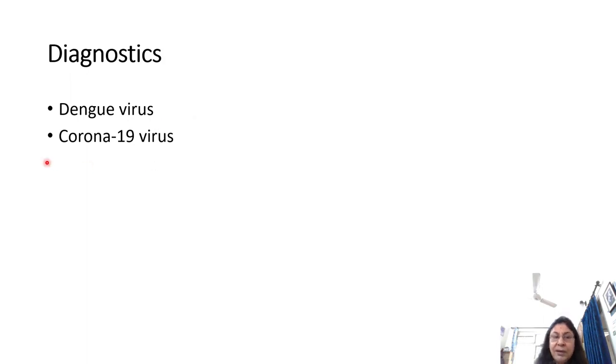Like today, when one has to go for a COVID-19 test, even if the infection is in early stages and there are only a few mRNAs coming out from the virus, a small sample is removed from your throat, or nasal swabs are taken, and from here the nucleic acids are extracted, and then they can be converted into cDNAs. And there are primers specific for one of the proteins of the COVID-19 virus, like the spike protein, for example.